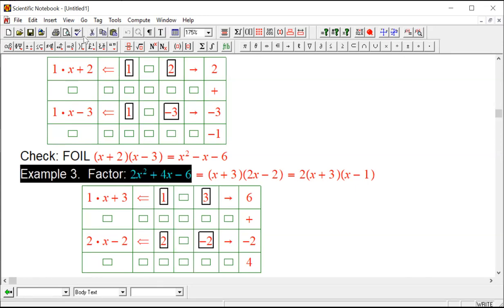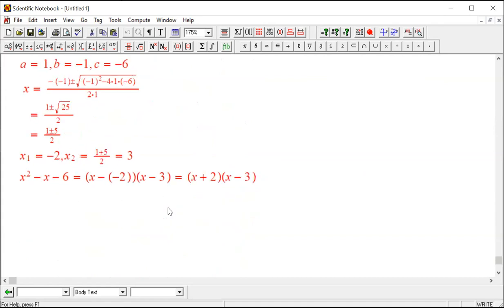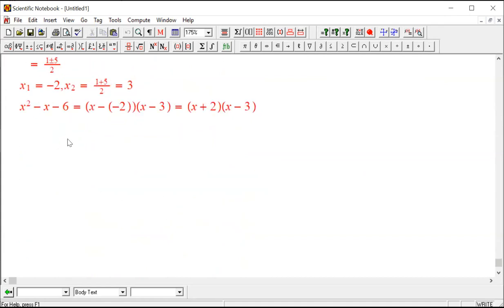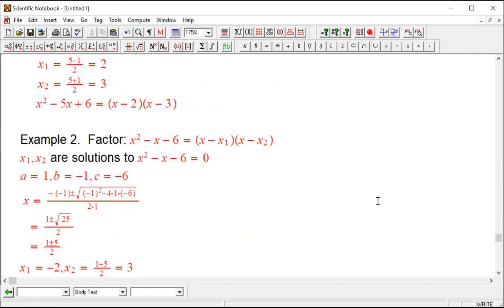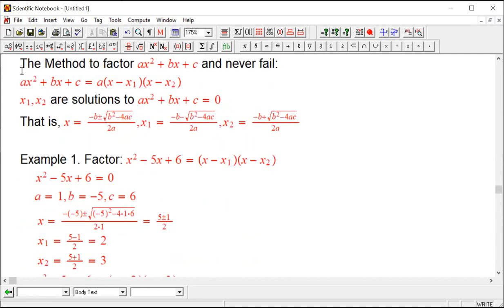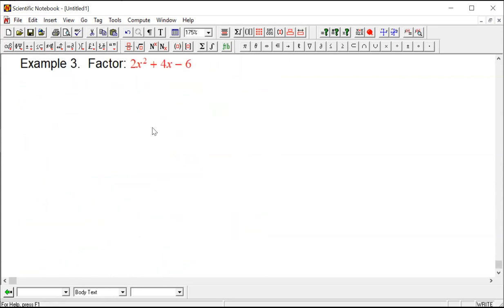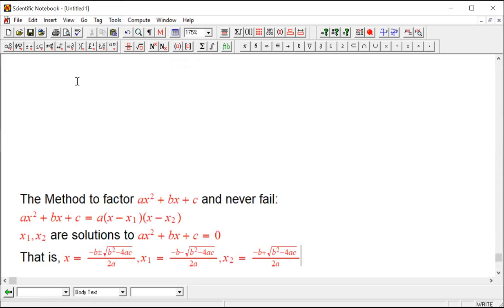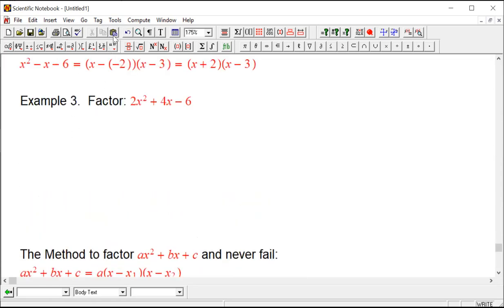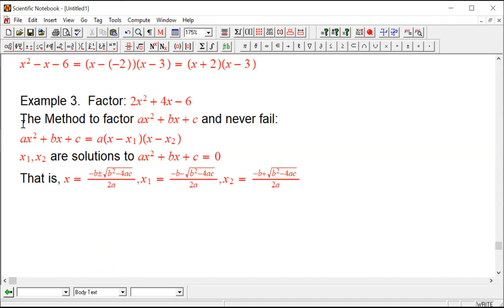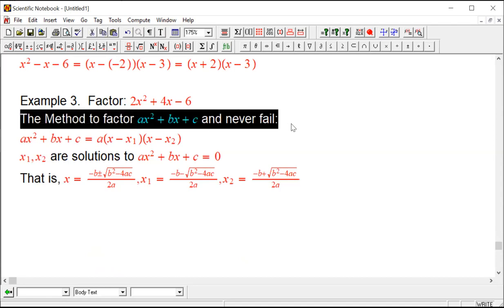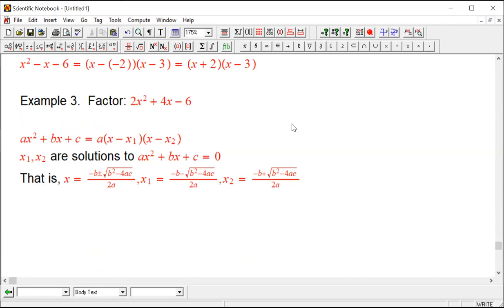Example number 3, when A is not 1. Does this method work? Yes, it does. So we're going to use this method one more time. It works, right?